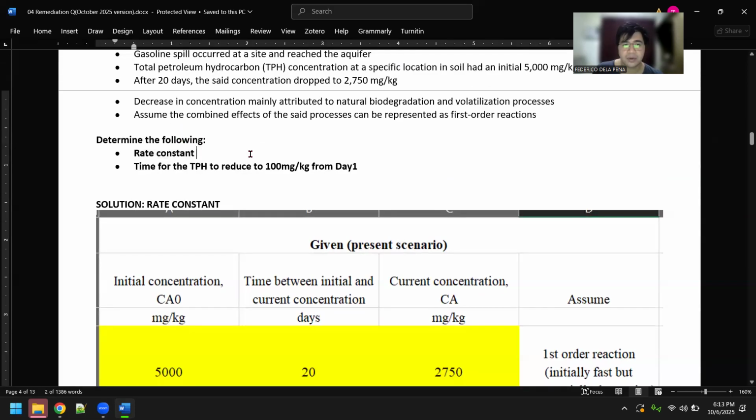Now, our task is to determine the rate constant K, and the time for the total petroleum hydrocarbon to reach 100 milligrams per kilogram from day one.